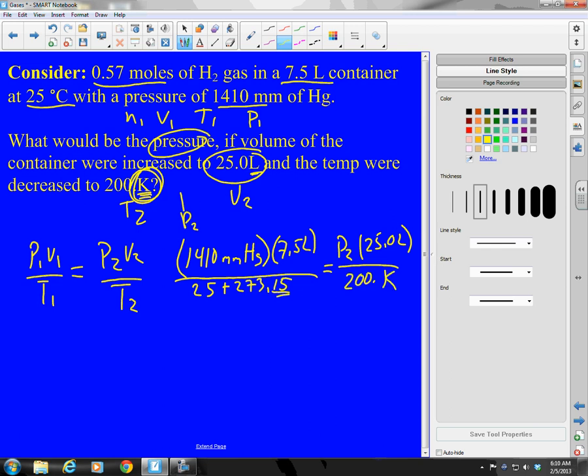Good. Now you guys know how to do this, right? How do I solve for P2? Well, I'm going to multiply both sides by 200, and divide both sides by the 25, so I get P2 alone.